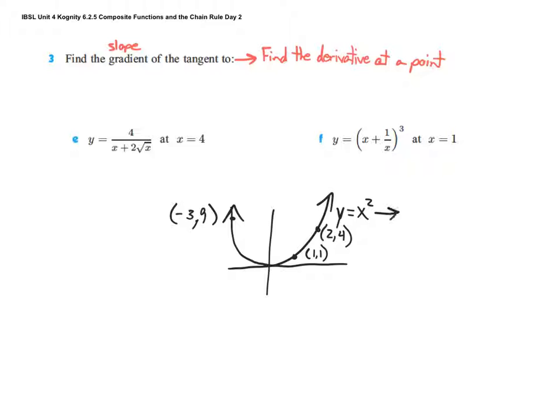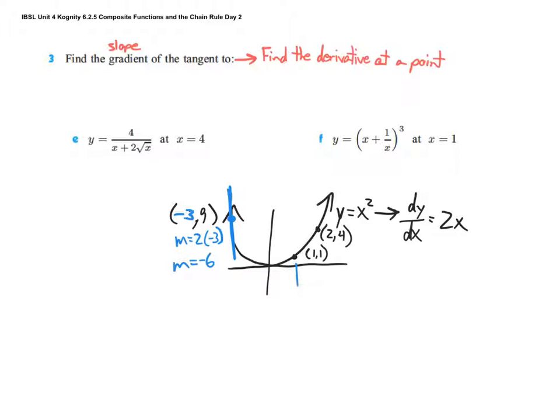Well, what is dy dx? 2x. So that means that the slope right here, the slope of this tangent line, is 2 times negative 3, because it's hitting this point where x is negative 3. So the slope there is a negative 6.